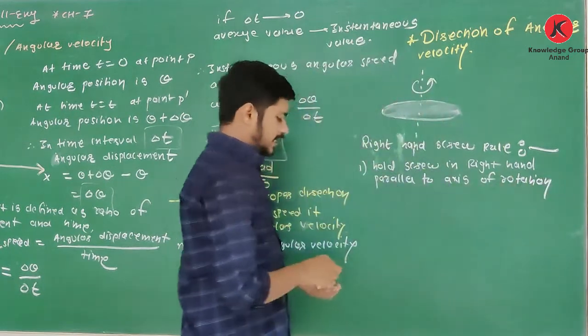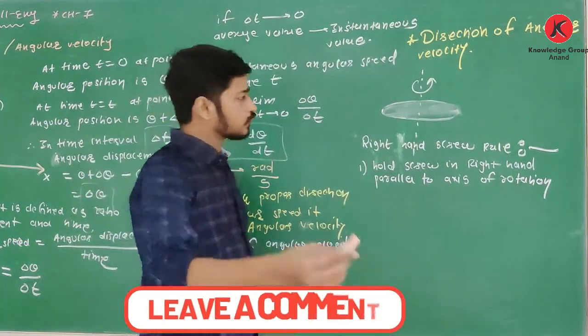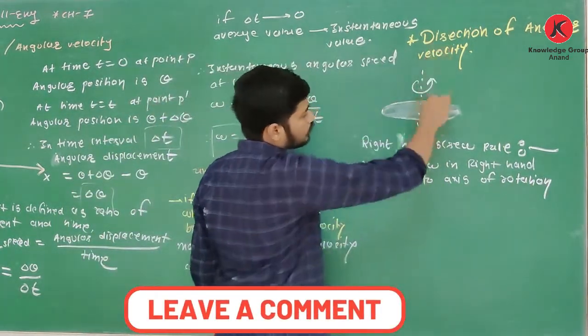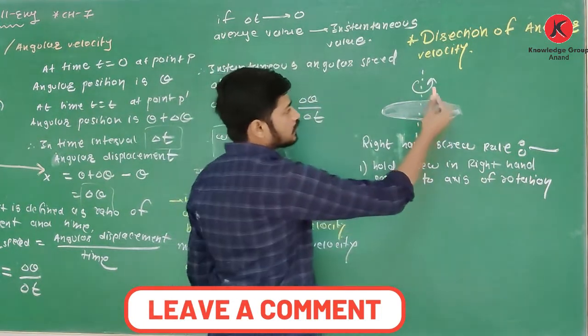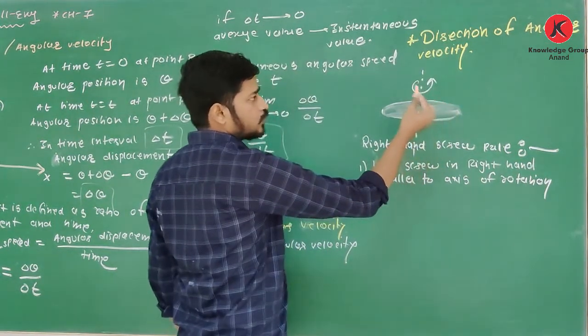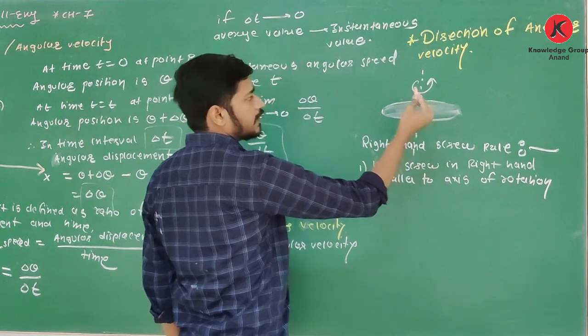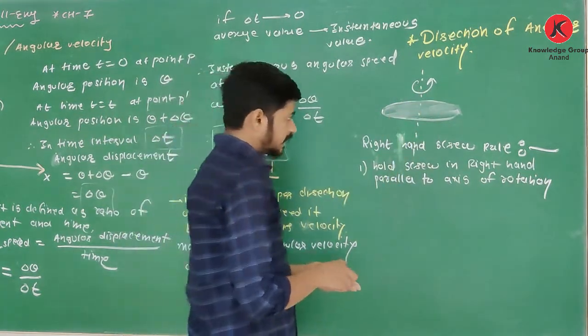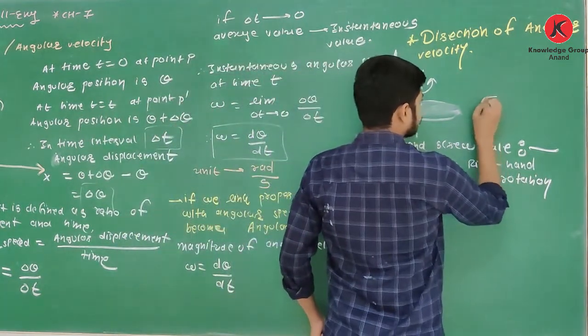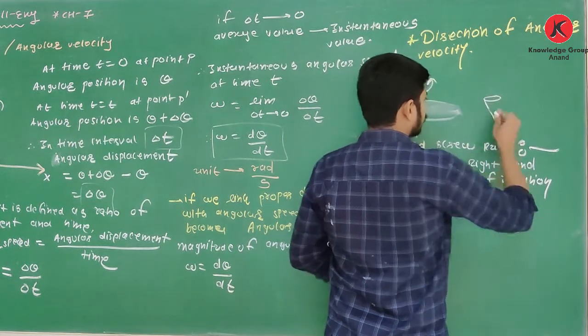The axis of rotation is vertical, so you have to hold the screw in your right hand parallel to its axis. I will draw it here. Let this be the screw.